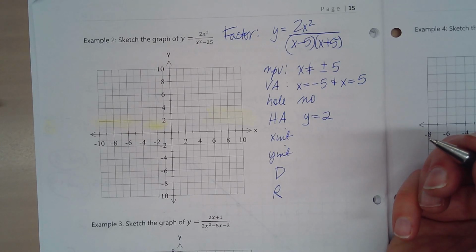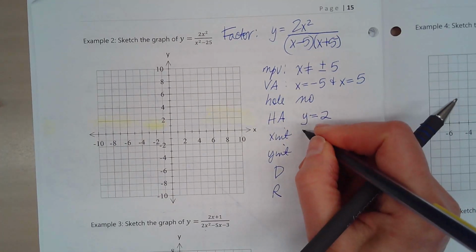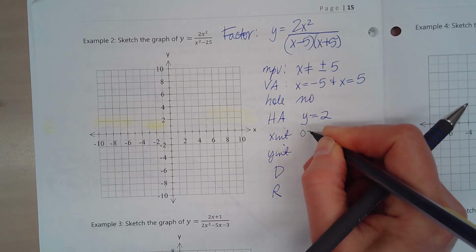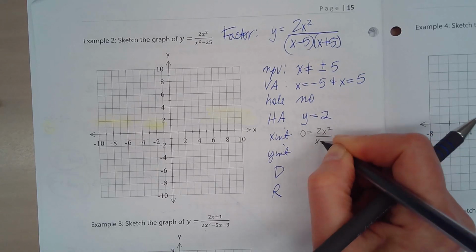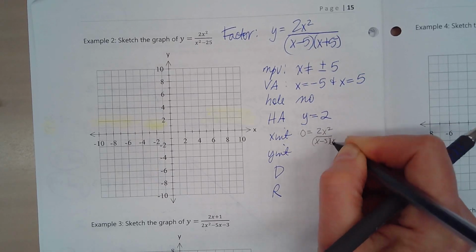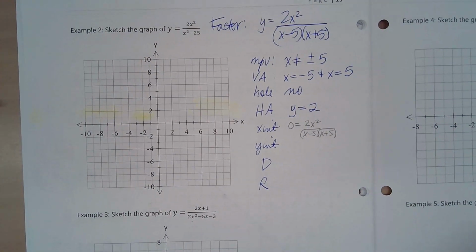What about x-intercepts? How do we solve for an x-intercept? Again, put a 0 in for y, and then solve for x. Sometimes this is hard for students to see, but I'm trying to solve for x.